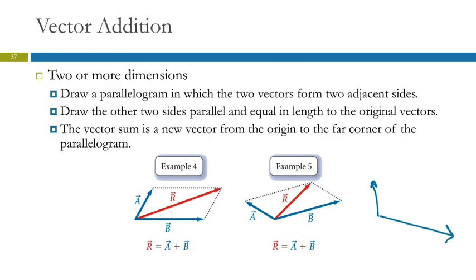What we'd want to do is draw a line parallel to this one, and then a line parallel to this one. And then the sum of those two vectors is from this corner to the opposite corner of the parallelogram. So that's the sum, vector addition.